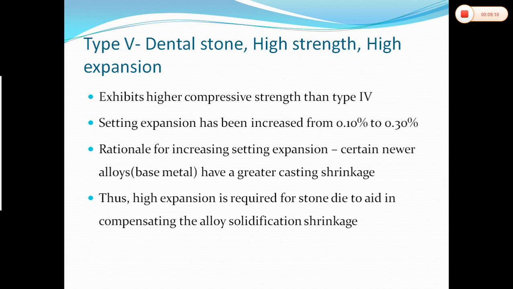For that we use investment, or dental investments. Once this dental investment is used, the wax will be eliminated, and into the wax-eliminated mold space, the metal in a liquid or molten state will be filled. Once the metal has cooled down to normal temperature, we can break the investment and obtain the final crown. These will be discussed in a later part.